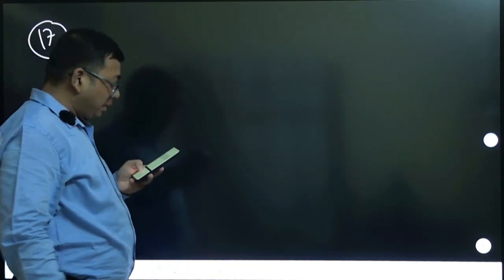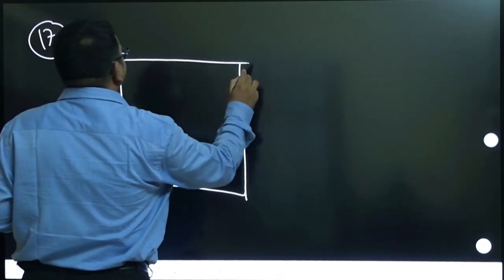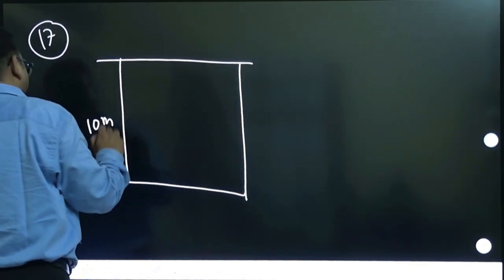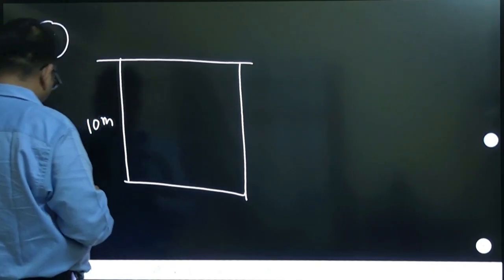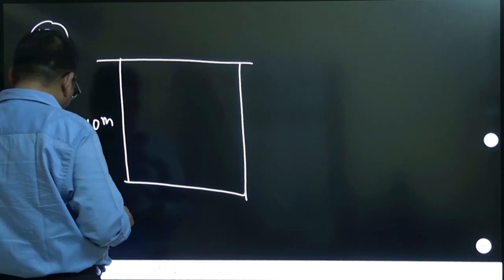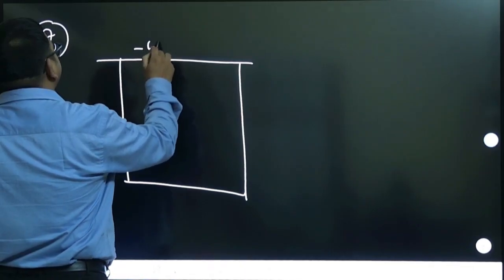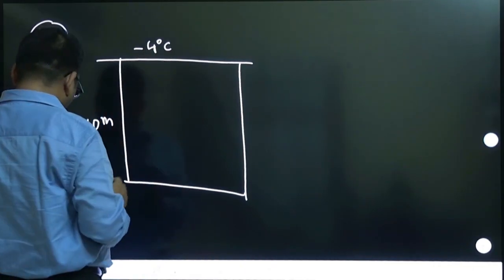A 10-meter deep lake, the bottom is at a constant temperature. So suppose some lake is there, 10-meter. The bottom temperature is constant, as we know in a lake. The air temperature is minus 4 degrees Celsius, so minus 4 degrees Celsius temperature is there outside.